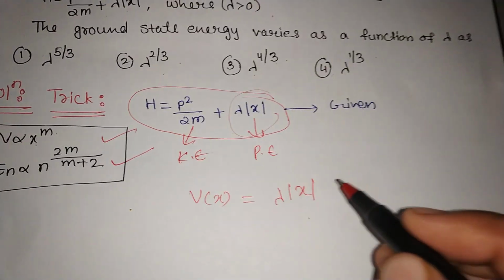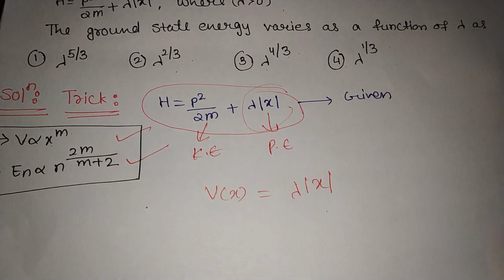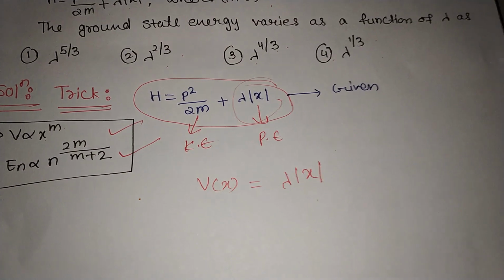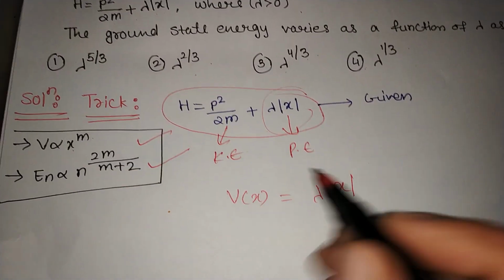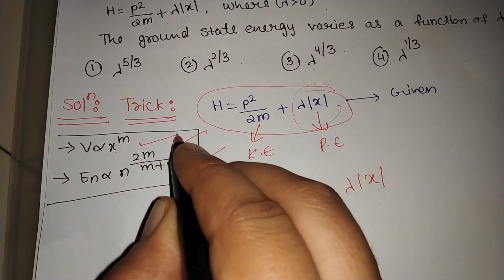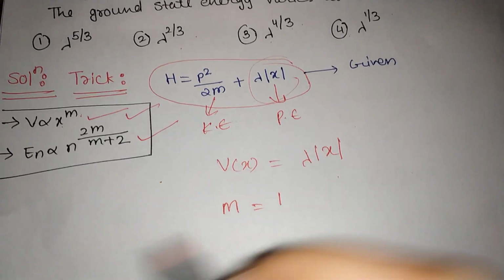Mod of x means it has two values, minus x and plus x, but the power is positive 1. So according to the first condition, V is proportional to x raised to m, and m is 1.